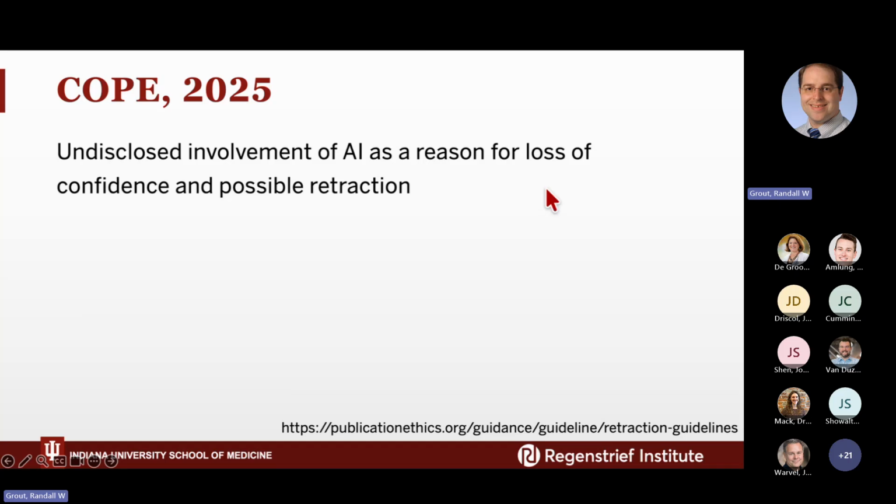COPE is another editorial body, and they brought up an even higher point, or kind of a stronger point, that undisclosed involvement of AI could be a reason for loss of confidence and possible retraction.